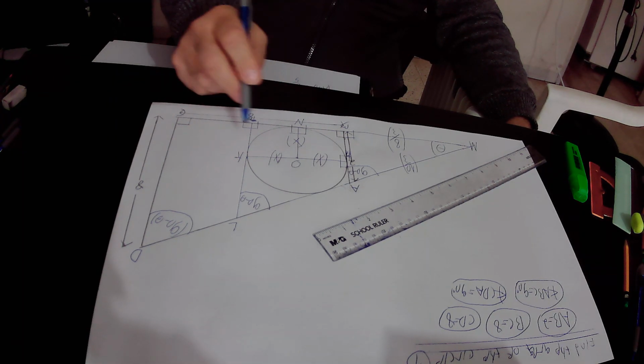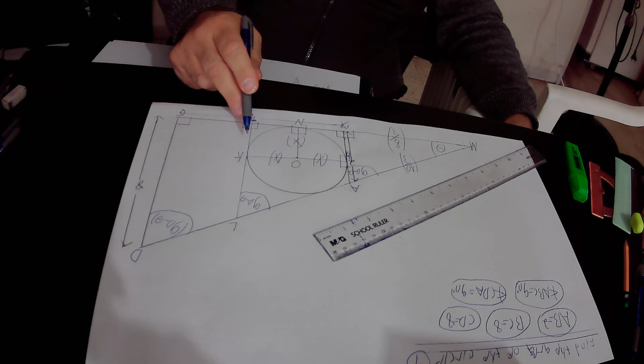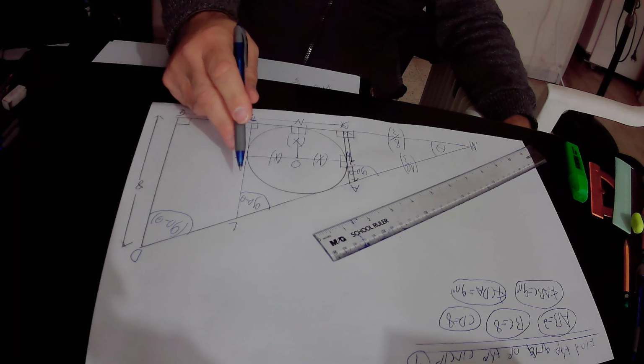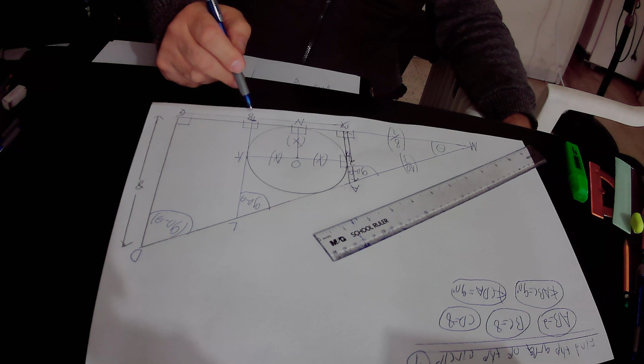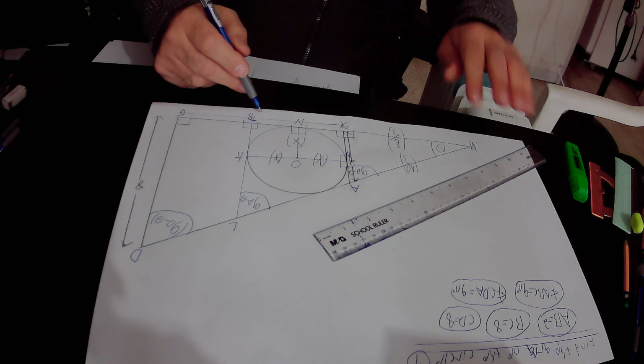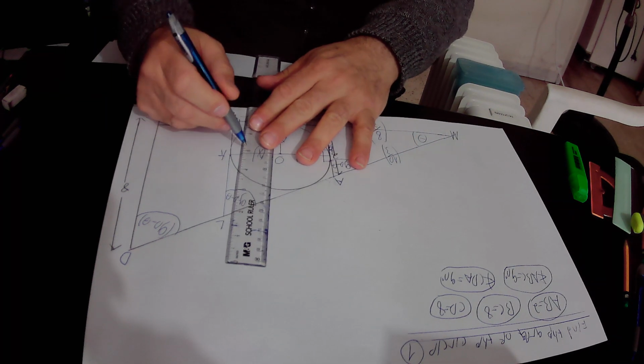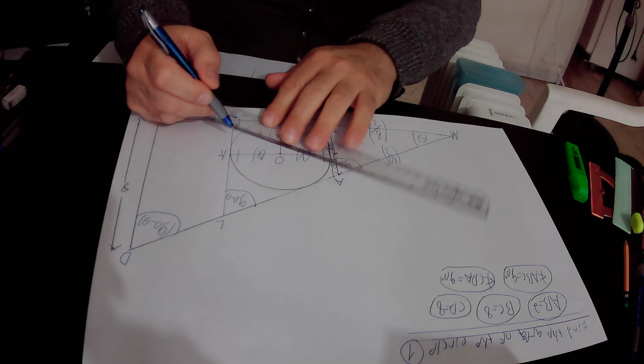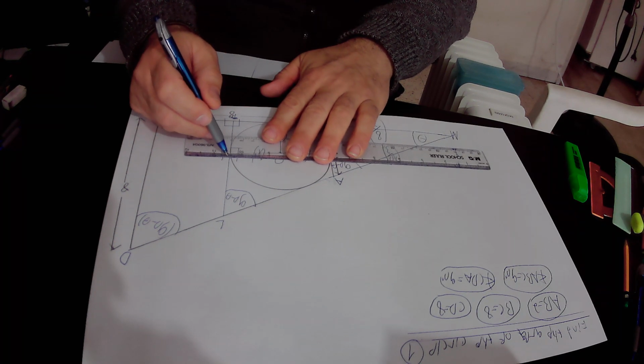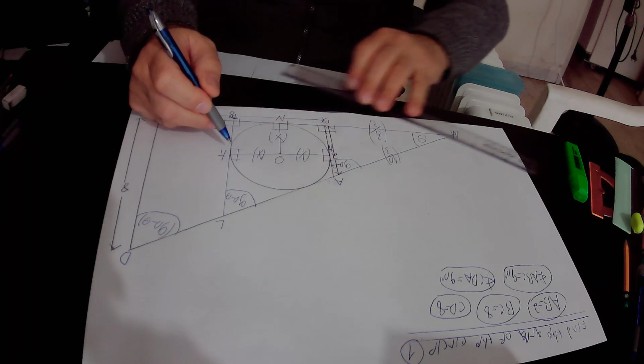The radius OK is drawn to point K, the point of tangency of LT with this circle, and therefore according to rule 1, this angle equals 90 degrees, and this angle also equals 90 degrees.